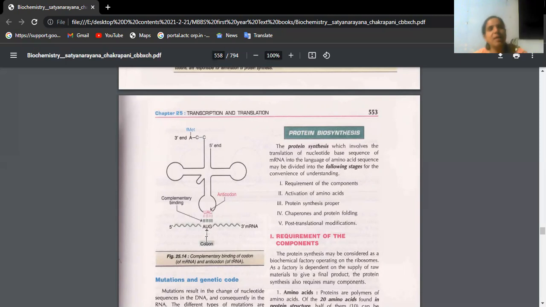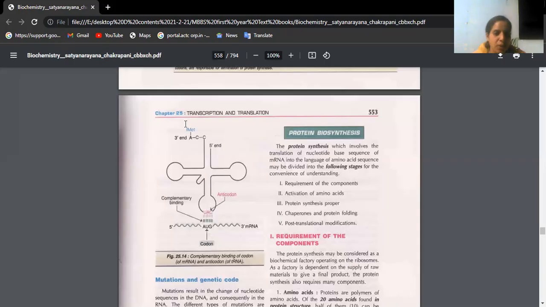But in RNA, instead of T we have U. Thymine is replaced by uracil. Hence, instead of ATG, you find AUG. So adenine pairs with uracil, AU, UA, and GC is the same. So if the codon is AUG, the anticodon would be UAC, beta.